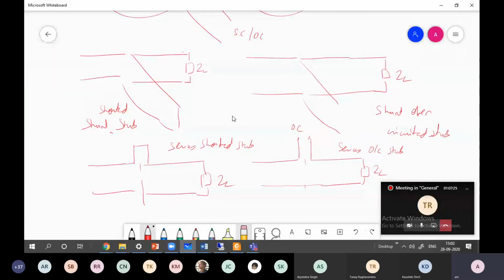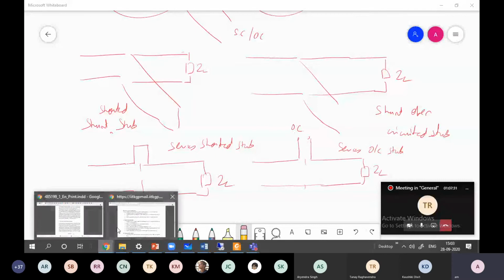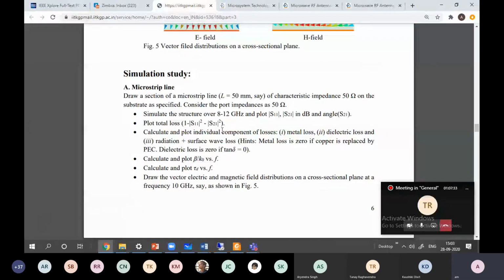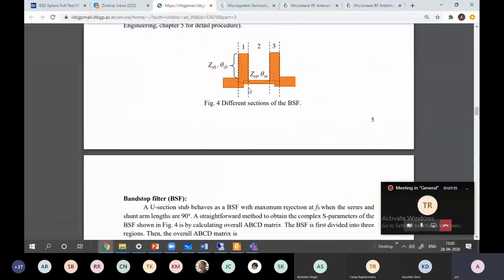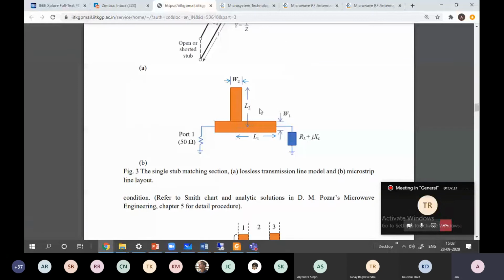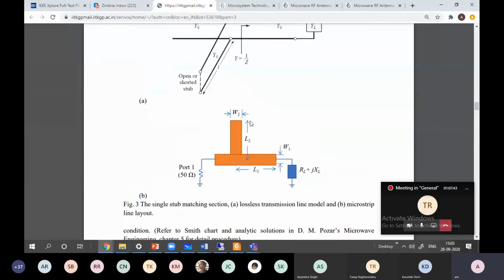Now one more thing. In this lab session, it was decided to have an open circuited stub, a series open circuited stub. It is required here. But generally we prefer a short circuited stub.